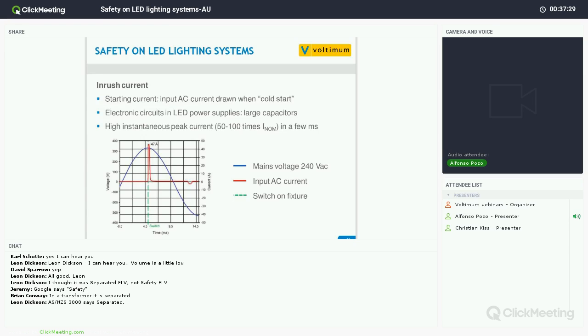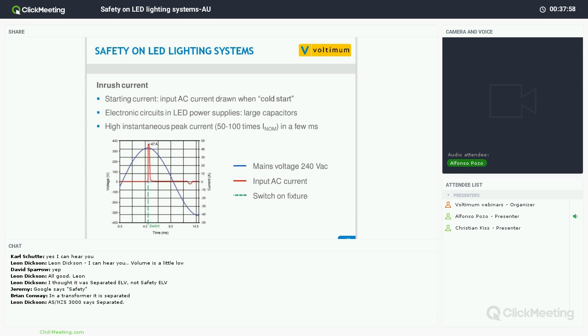LED luminaires need power supplies to operate, obviously the drivers, and these drivers contain switch mode power supplies, which are electronic circuits, most commonly with large capacitors, and these capacitors can charge very quickly, drawing large amounts of current when first switching on after a certain time of inactivity, what is usually called cold start.